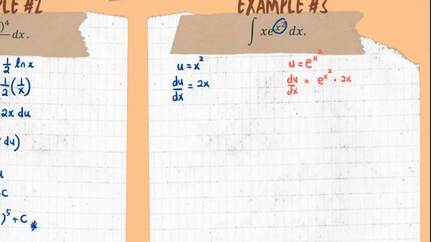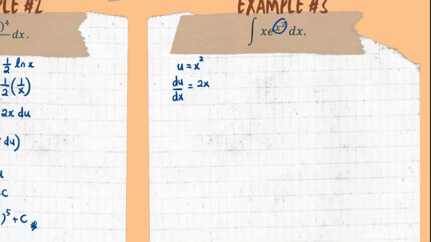So dia tak hilang pun e of x squared ni, dia masih lagi ada dalam function tu. Okay, so that's why nanti dia akan jadi a bit complicated lah. So now instead of saya jadikan e of x squared sebagai u, saya ambil yang atas ni sahaja. Okay, so ini saya padam.